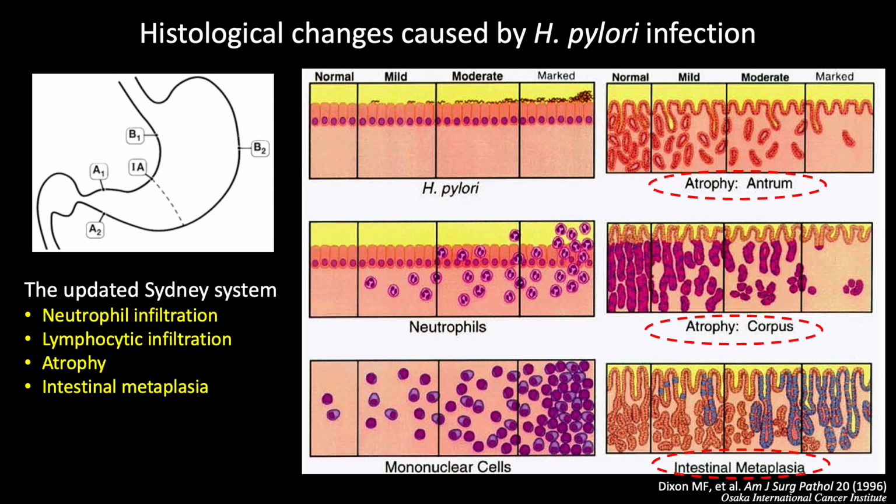This is a diagram of the updated Sydney classification, which represents the histological changes of the gastric mucosa associated with H. pylori infection. In the updated Sydney classification, the degree of the following 4 points are evaluated: neutrophil infiltration, lymphocytic infiltration, atrophy, and intestinal metaplasia.